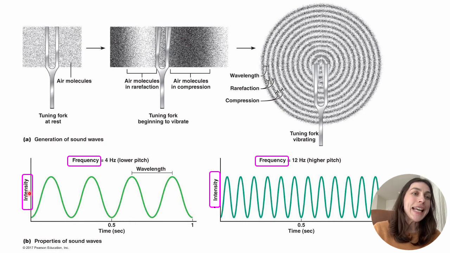Okay. And then intensity, how high these waves are, is the wave amplitude, and it is the loudness of the sound. So the higher the amplitude, the louder the sound, and the lower the amplitude or lower intensity is the quieter the sound.